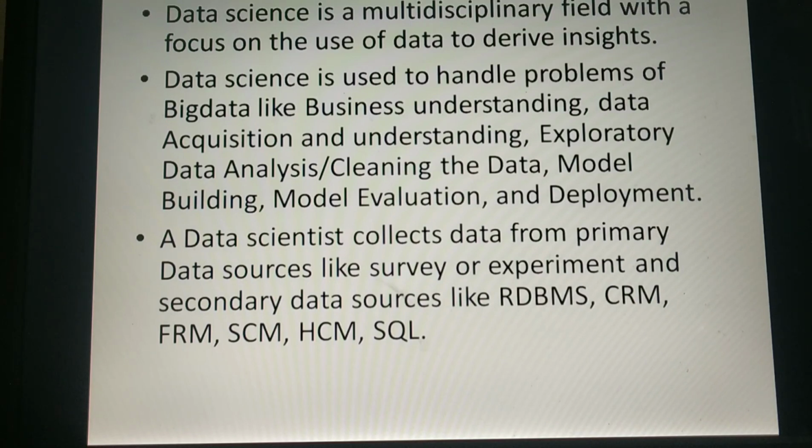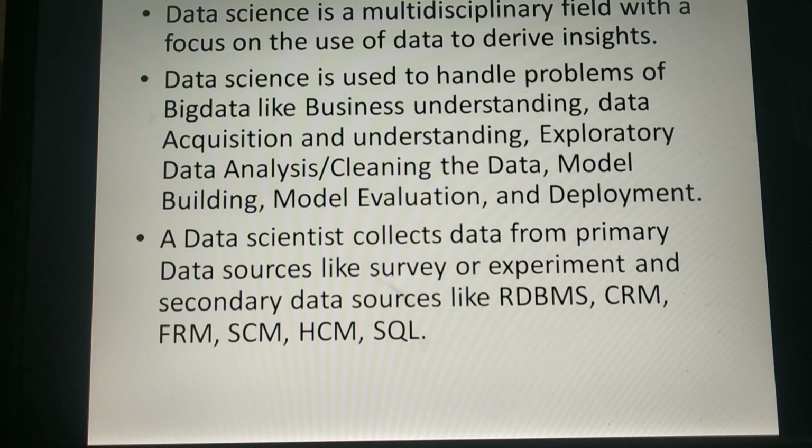So these are all the different problems data science can be used to handle.